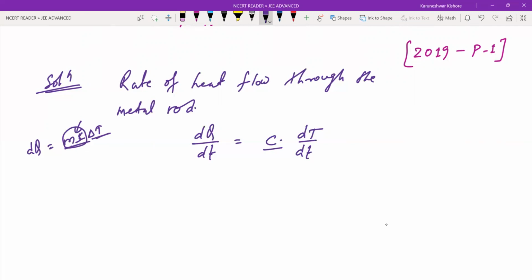If we go for the differential part, it will be dT. So once you divide by the time on both sides, it will be dQ by dt, and this is dT by dt.